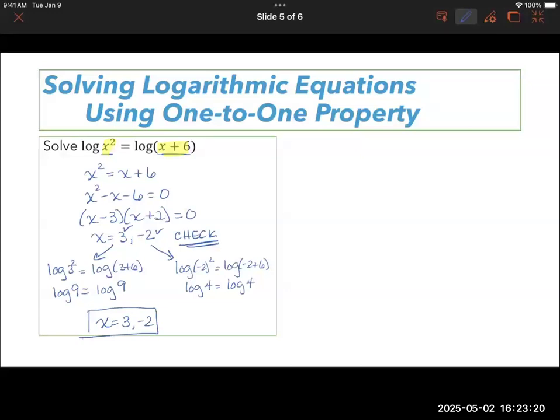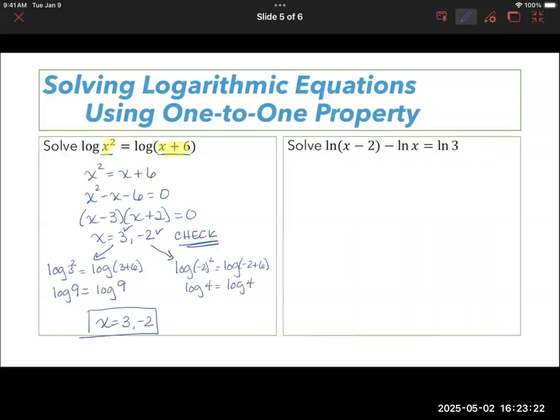Okay. Now, if we look at another example here, this does not initially look like it's going to fit the one-to-one property because I have 2 natural logs being subtracted on the left side equal to a single natural log on the right side.